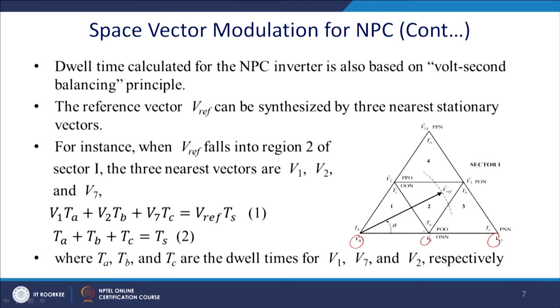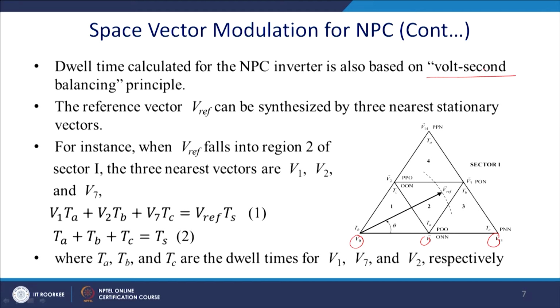Ultimately, you have to make this vector by this. So, we require to calculate the time duration for the individual vectors to generate this V reference. The dwell time calculation for the NPC inverter is also based on the volt-second balancing method, as we have done for the 2 level inverters.